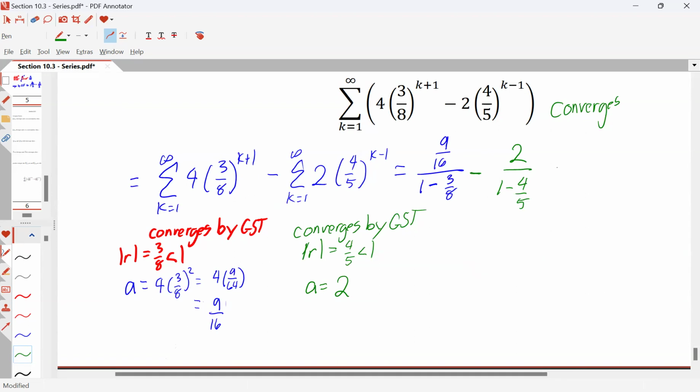Simplifying these down, we get 9/16 over 5/8 minus 2 over 1/5. 1 minus 4/5 is 1/5. So this first fraction will simplify down to being 9/10.